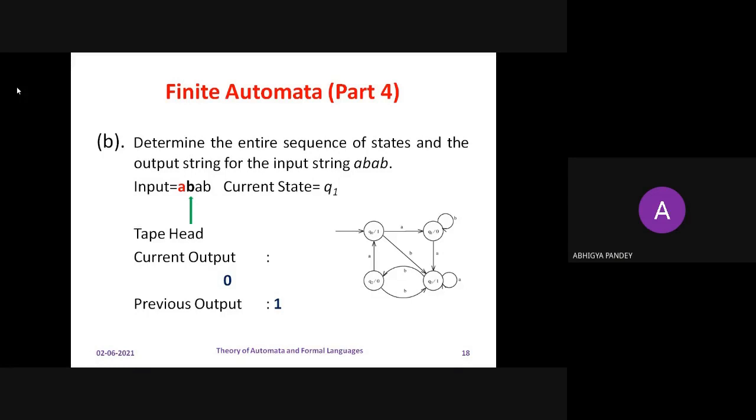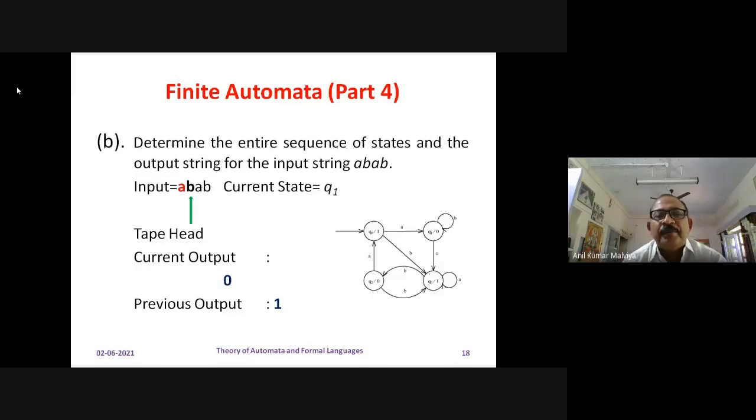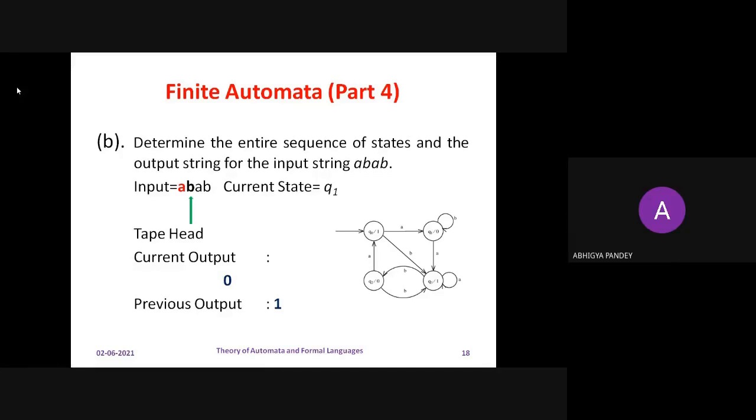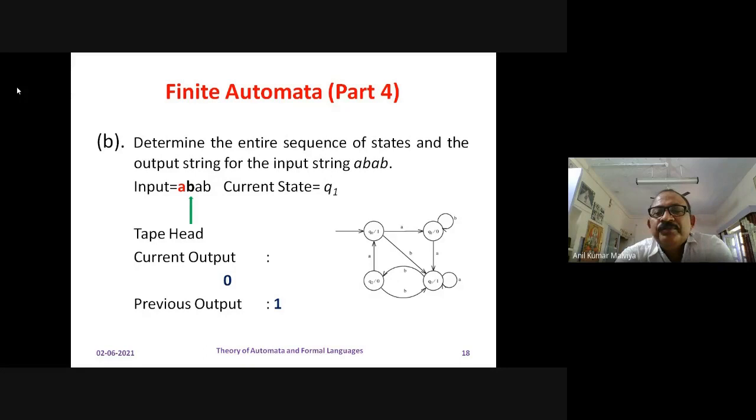Sir, the machine is in state Q1 and at this time the input is B. What will be the output? First question. And what will be the next state? Sir, the output will be 0. Very good.